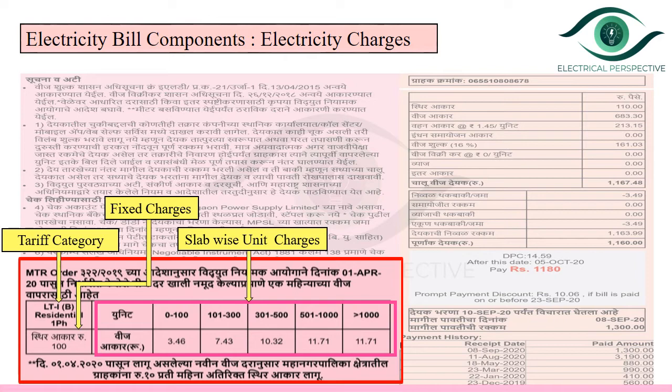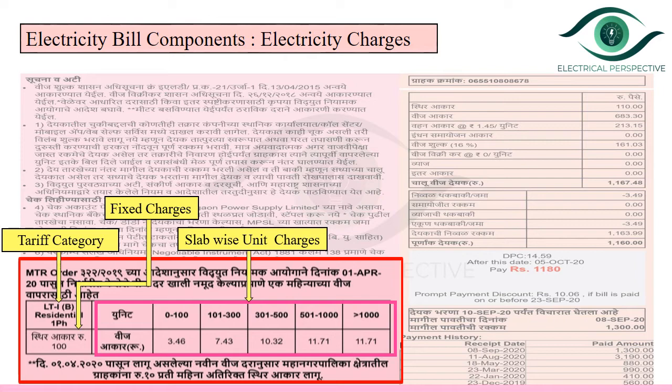Okay, but again the same thing, if the actual billing period deviates from this 30 days, then the number of units per slab will also change. So always remember, the number of units per slab will always depend upon the actual billing period.